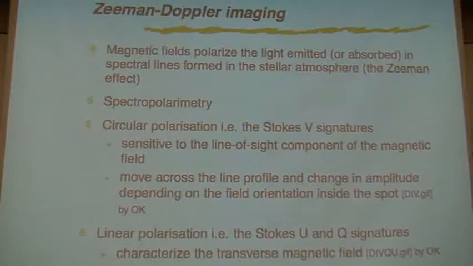So the circular polarization is sensitive to the line of sight component of your magnetic field, and linear polarization is sensitive to Stokes Q and U signatures. And there's a couple more animations on this, all by Oleg.